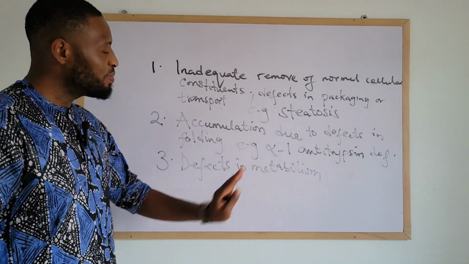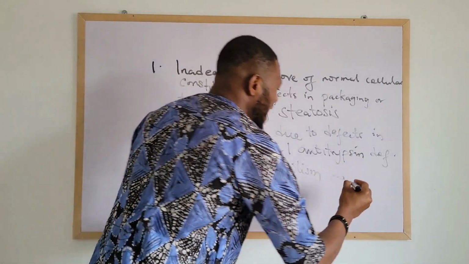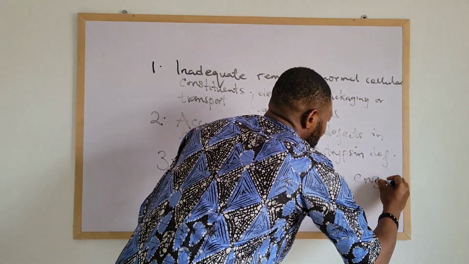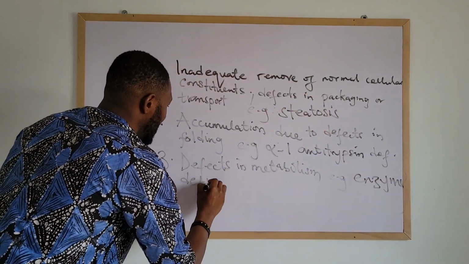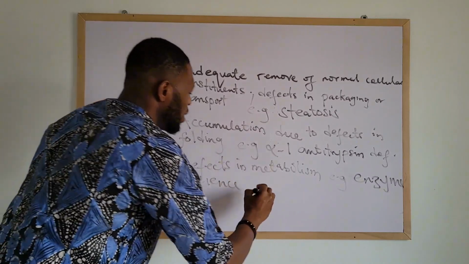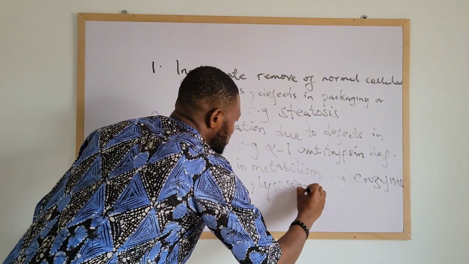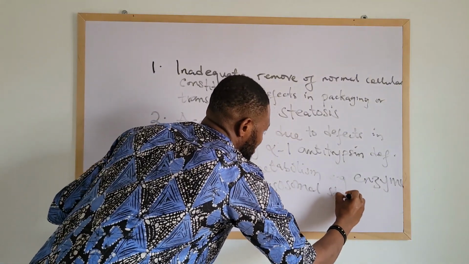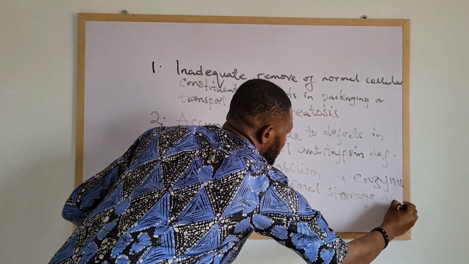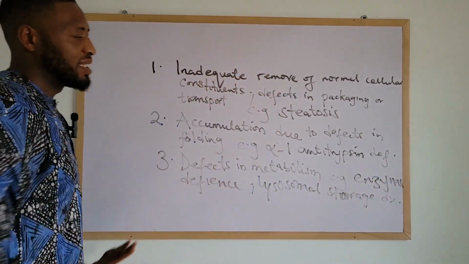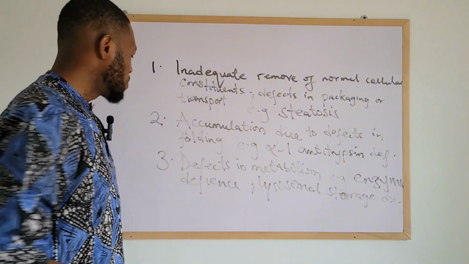So the defect in metabolism is usually as a result of what? Of enzyme deficiency. And we see this in a lot of lysosomal storage diseases. So defects in metabolism, enzymes are not available to metabolize those substances.